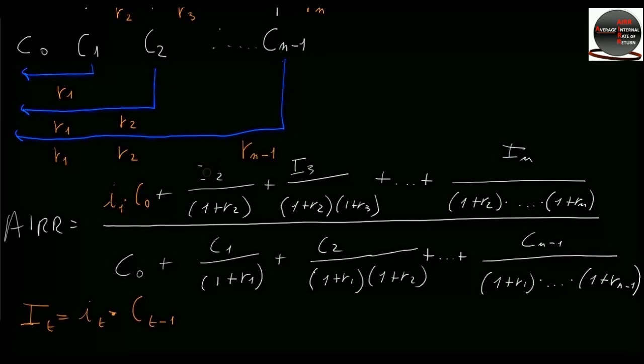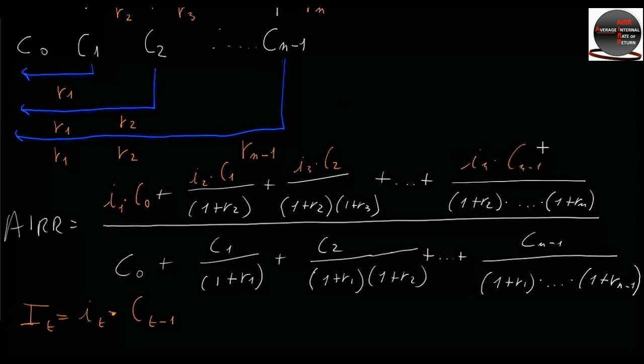So second income, we can replace with I of 2 times C of 1 and so on. Third income will be written as I of 3 times C of 2, and the last income may be written as I of n times C of n minus 1.